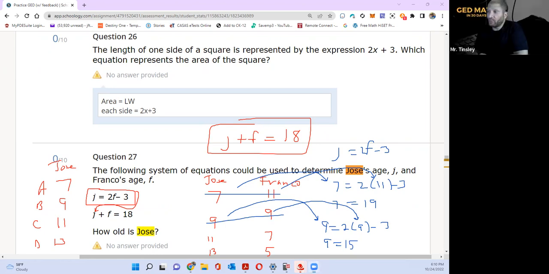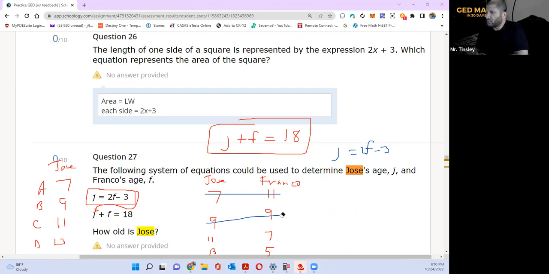Since I'm running out of room, let me erase this. Because this is the easiest way to me, to use the multiple choice to find your answer. Now watch this. 11 equals 2 times 7 minus 3.